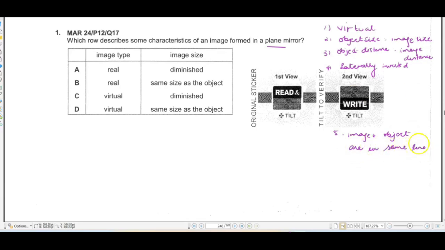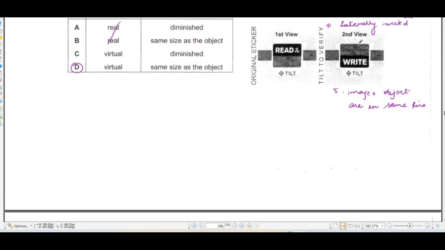So if we now look at these options, the image type I've just told you is virtual. So it will not be a real image. A plane mirror creates an image that cannot be portrayed on the screen. And the image size is going to be the same size as that of the object. I've just told you that the object size is the same as that of the image size.